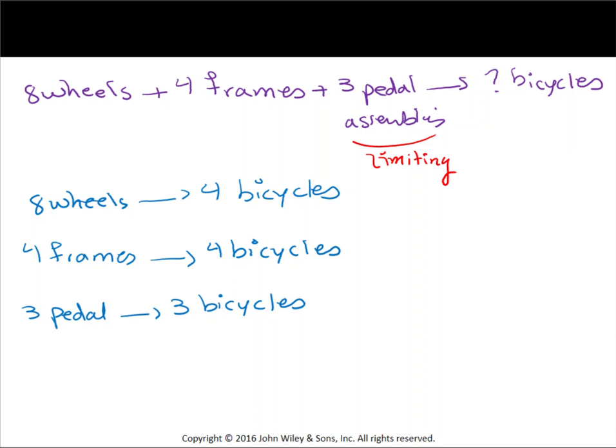Why? Because it's controlling the number of bicycles you can make. Now, since we don't have enough pedal assemblies, it's our limiting part, which means that frames and wheels are in excess.